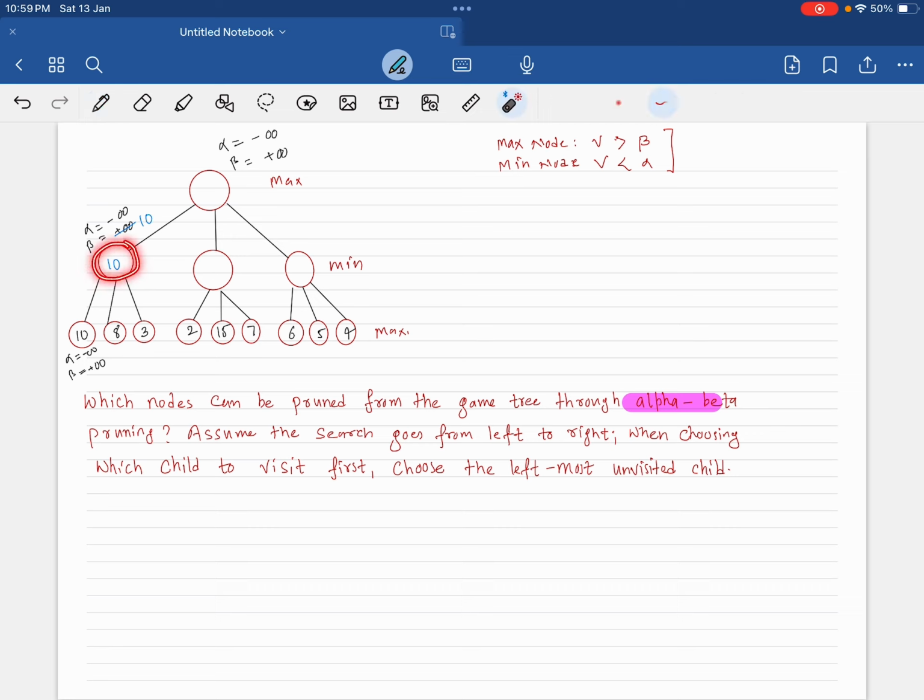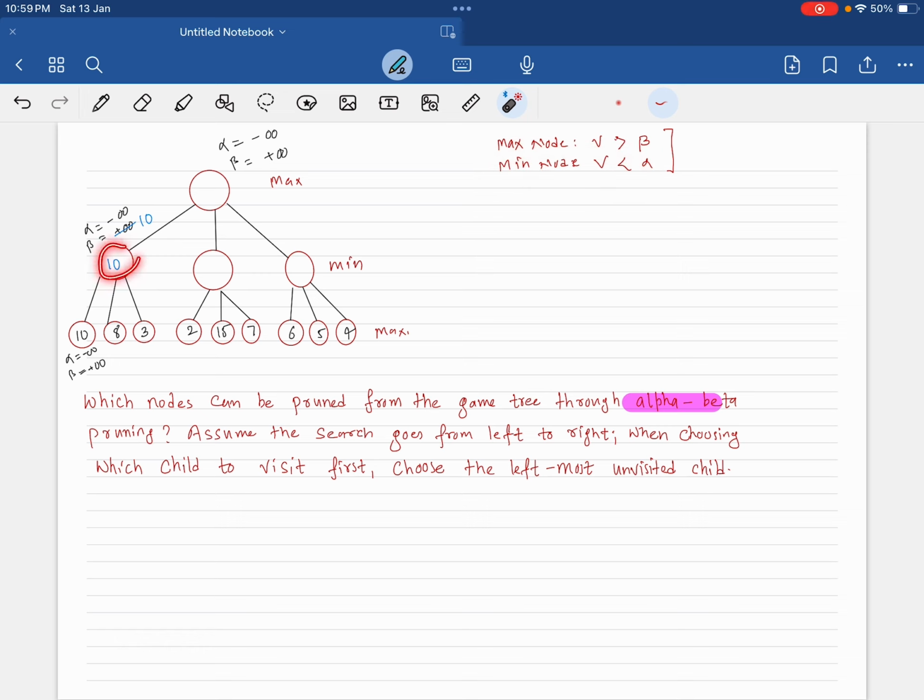Now again, before exploring this subtree, we will check whether this condition is getting satisfied or not. If this condition is getting satisfied, we are not going to further explore its subtrees, right? So we are at this node, that means the value of v is 10, and we are at a min node, so we will be checking this condition.